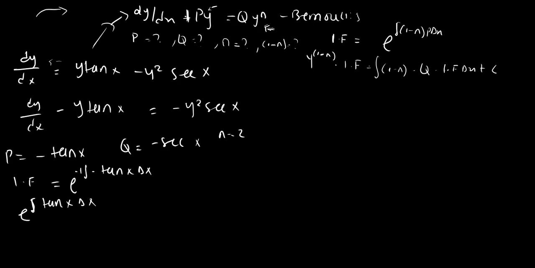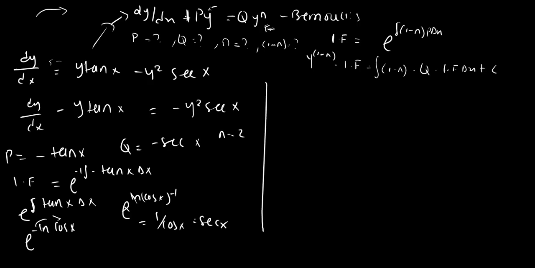So we're going to have e to the negative ln cos x, so this minus 1 will come here, so we're going to have e to the power of ln cos x to the power of minus 1. This will cancel this, so we have 1 over cos x, which equals sec x. And now we can go ahead and keep on solving our question.